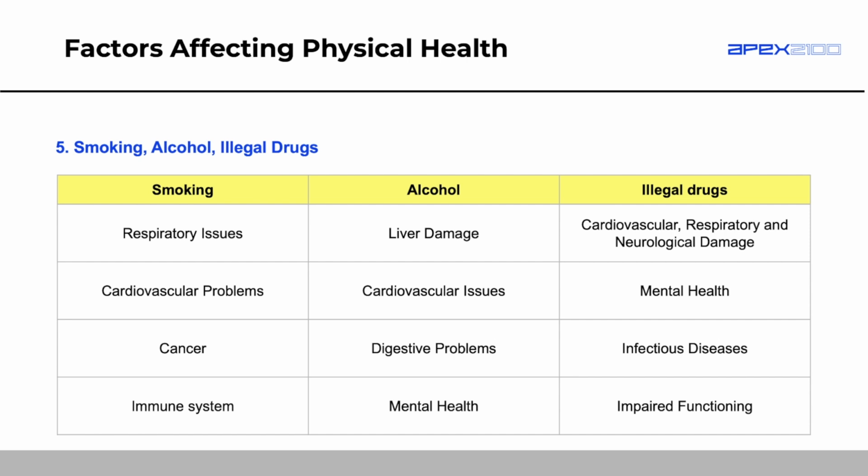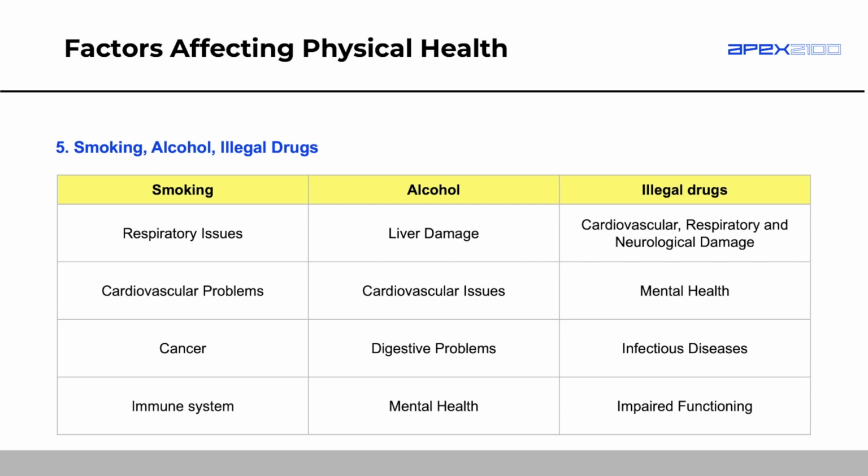And then illegal drugs. Illegal drugs have varied health effects. Different drugs have different impacts, of course, but the most common issues include cardiovascular and respiratory issues, and neurological damage. So that's brain damage. It can exacerbate mental health conditions. I'm sure you've seen people who are on very hard drugs and they're having hallucinations or severe mood swings or paranoia.